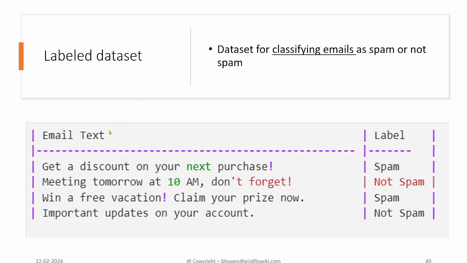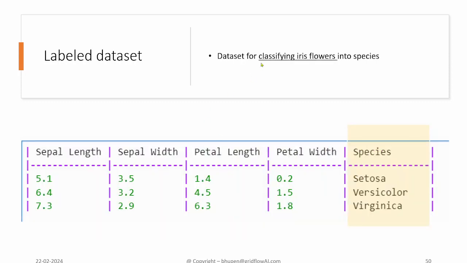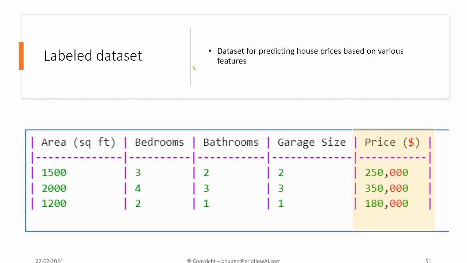Let's look at another example: classifying iris flowers. Let's say these are the classes of the flowers: Setosa, Versicolor, and Virginica, and the corresponding rows are these. If the sepal length is 5.1, and the other measurements are 3.5, 1.4, 0.2, then that is Setosa. This is called labeling.